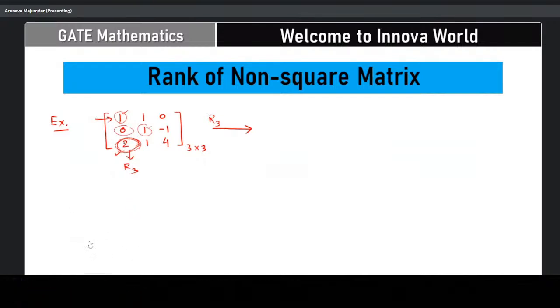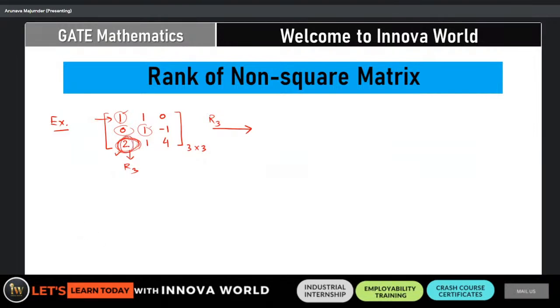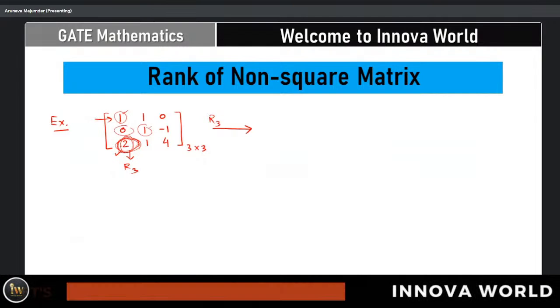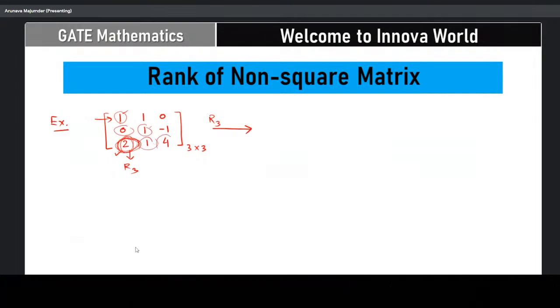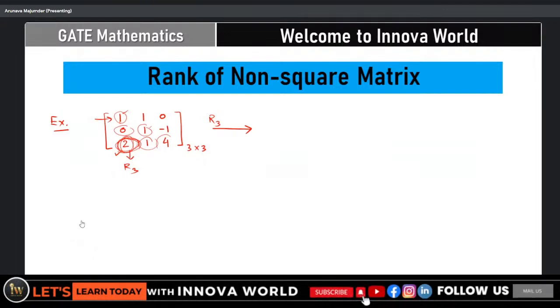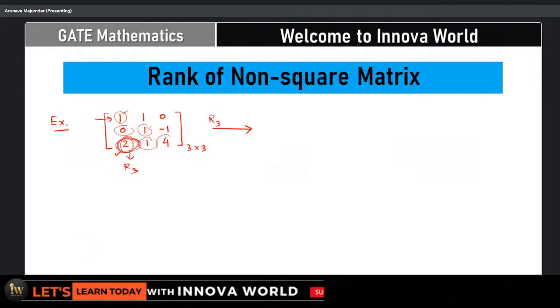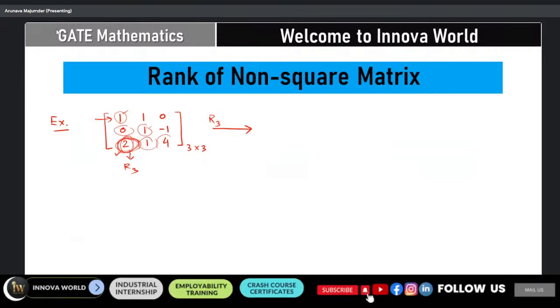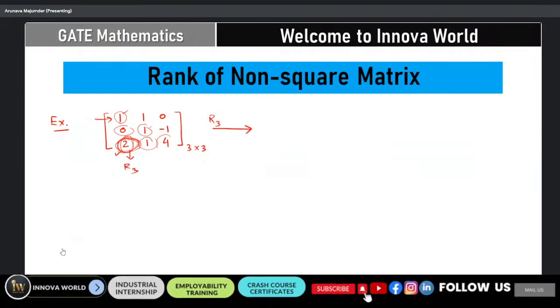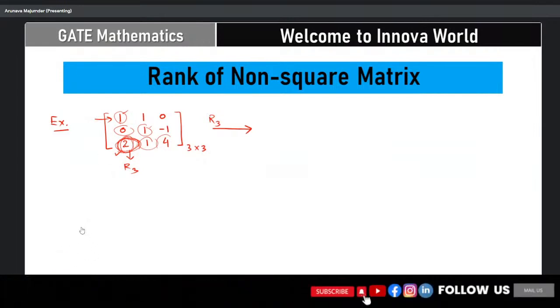We are going to change this 2 to 0, but since this 2 is situated in row 3, this 1 and this 4 will also be changed, because we cannot change only a single element of this row. If I change a single element of this row, all other elements will also be changed.